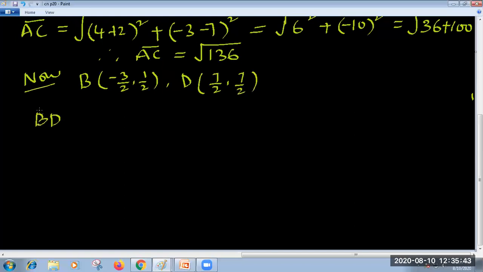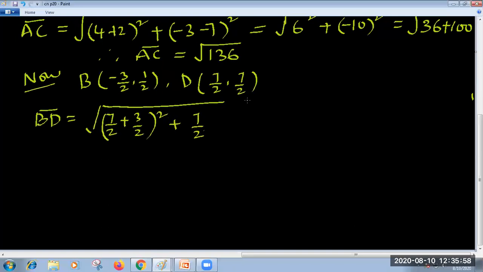The distance between B and D: x2 minus x1 is 7/2 plus 3/2, and y2 minus y1 is 7/2 minus 1/2.